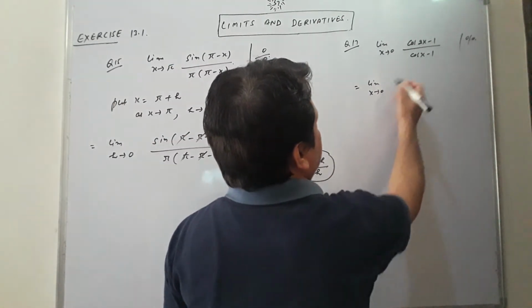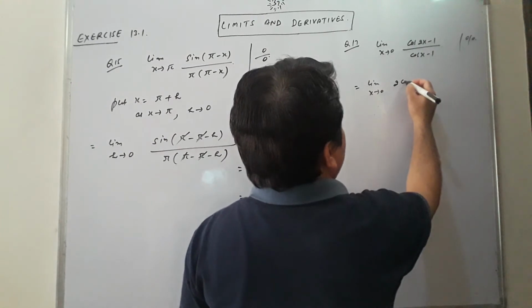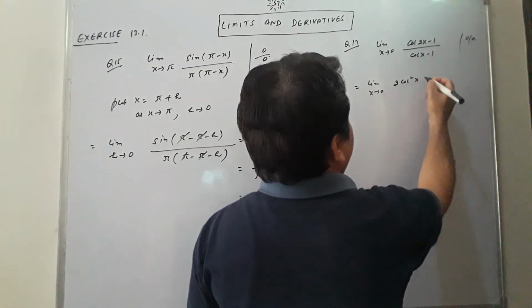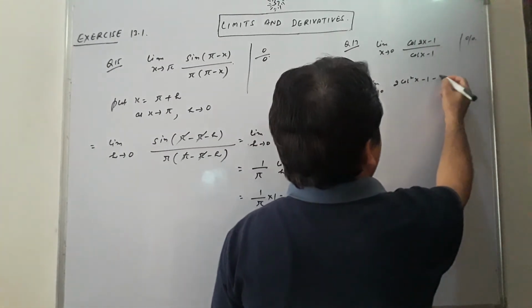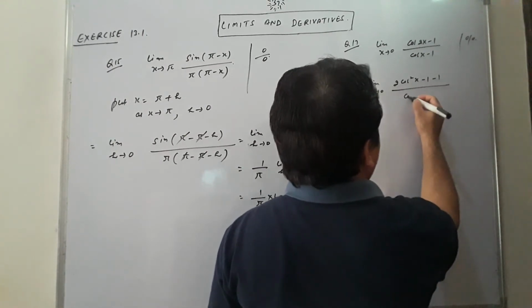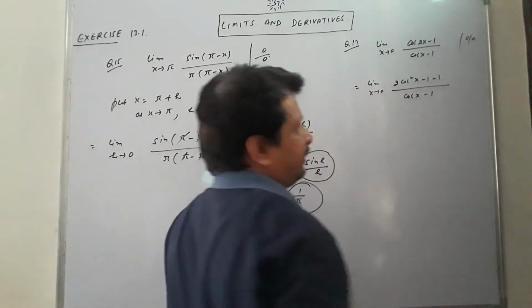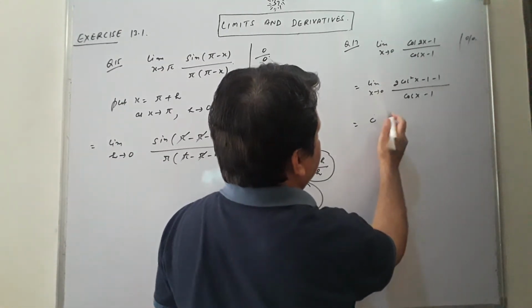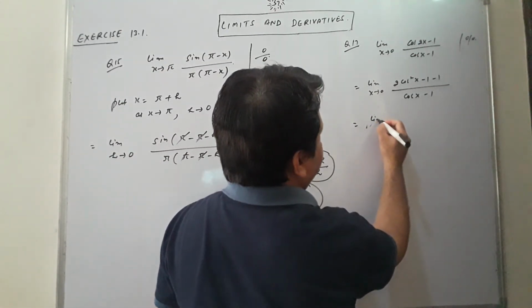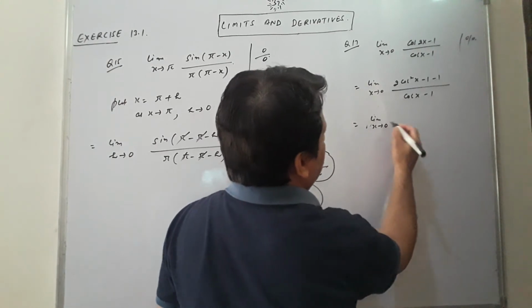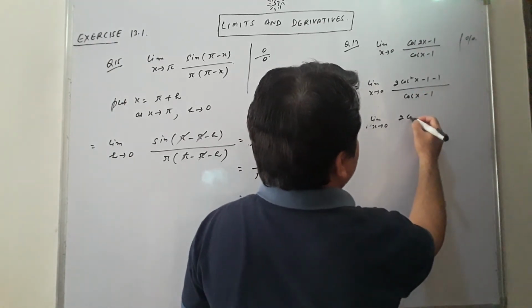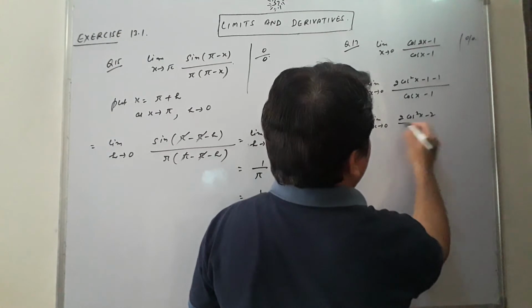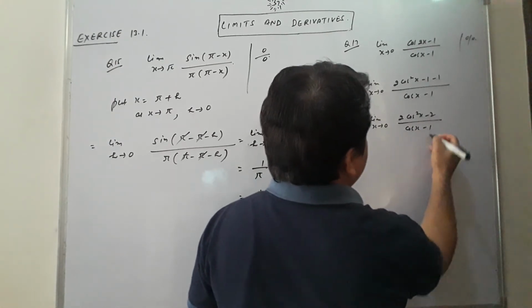Limit x tends to 0, cos 2x can be written as 2 cos square x minus 1, over cos x minus 1. Now we can say that this limit x tends to 0 will come as 2 cos square x minus 2 over cos x minus 1.